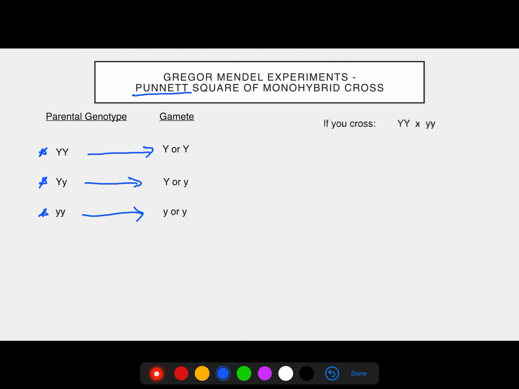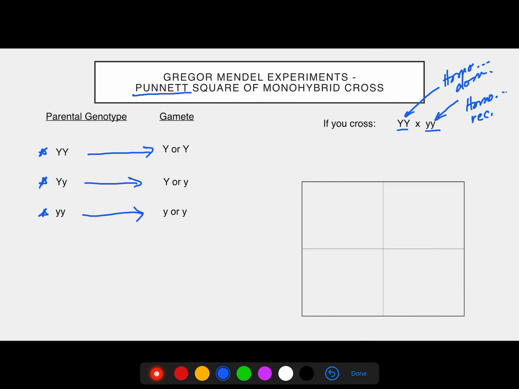If you cross a parent and a parent, these are true breeders, considering this is homozygous dominant and this is homozygous recessive. When you cross them, you make a square, which I call a 2x2: two rows, two columns, if you're only looking at one gene.